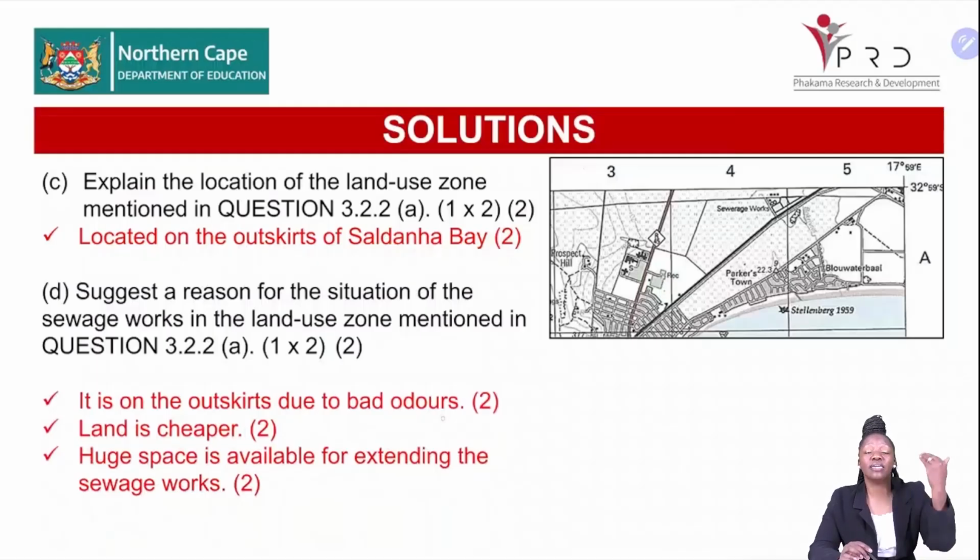So that is why it is located away. And also, on the outskirts, the land is cheaper. And also we're looking at the availability of space. Hence we are saying there is a huge space that is available for extending the sewage works. So those are the reasons why it is situated on the outskirts.